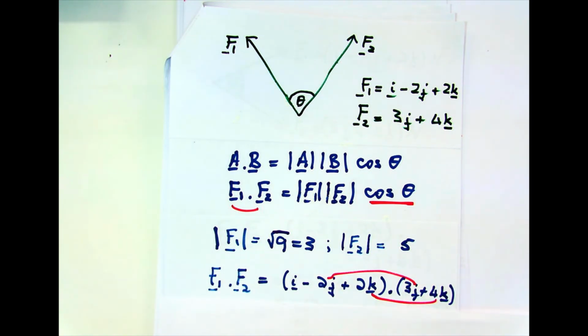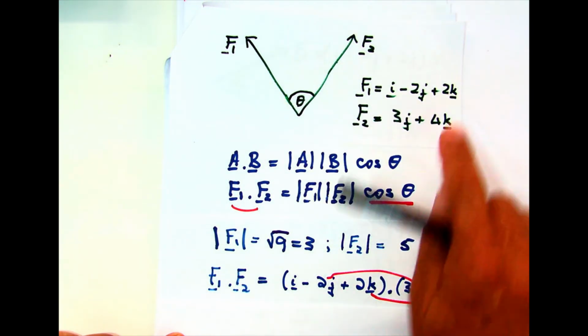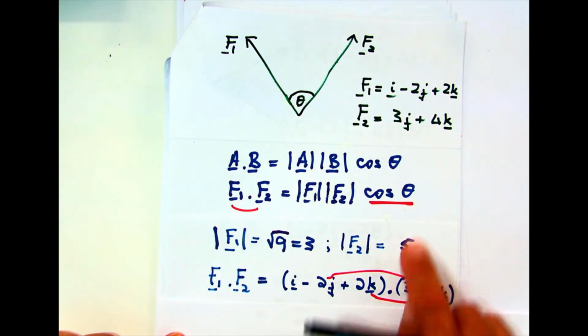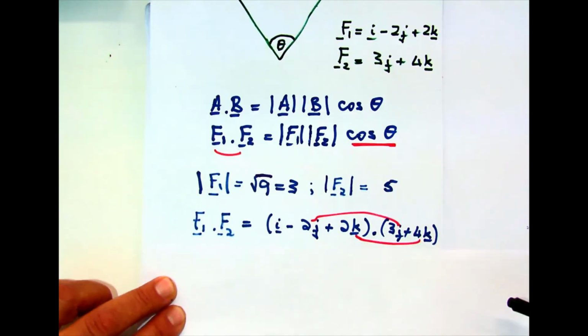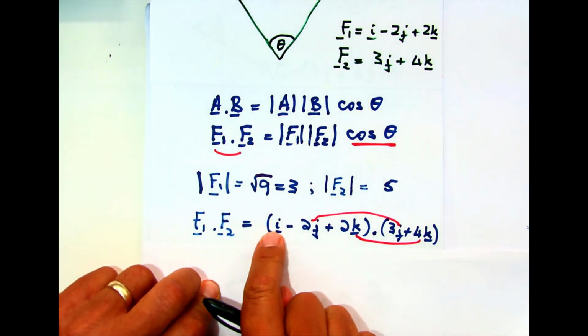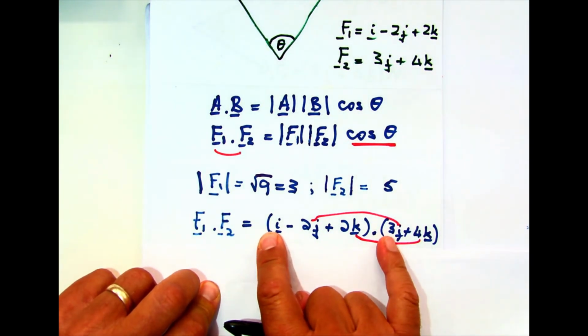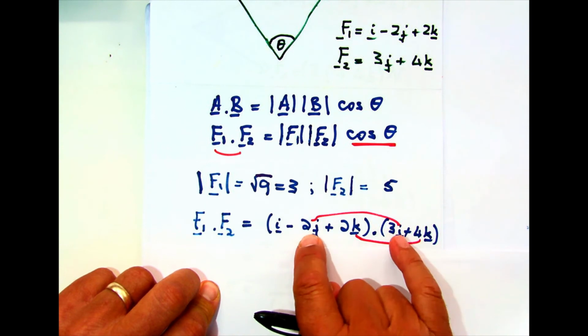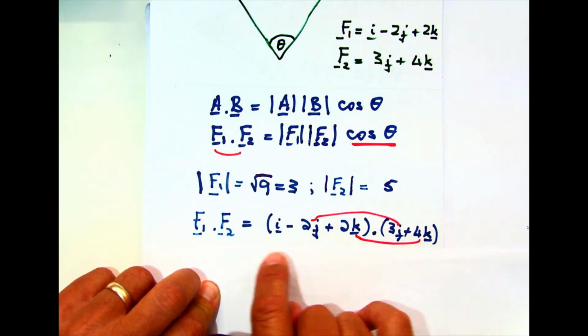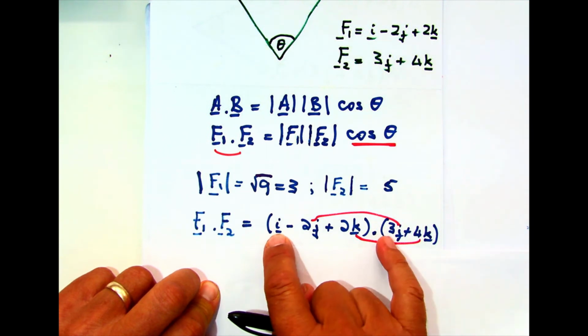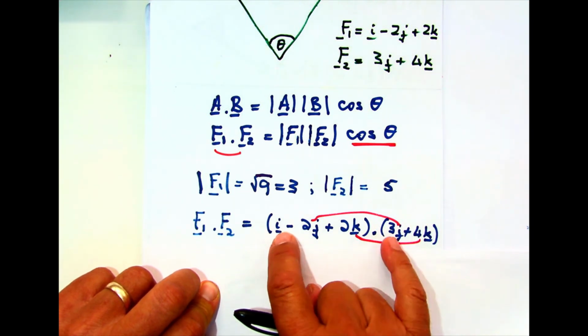So I write down i minus 2j plus 2k, that one there, and I've got to dot it with 3j plus 4k. Now the way it works is you multiply the i component with the i component, the j component with the j, and the k with the k. Now here you have an i component, but there's no i component on the other side. So that's 0.